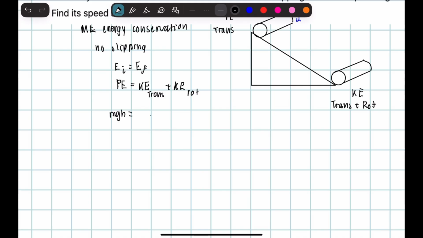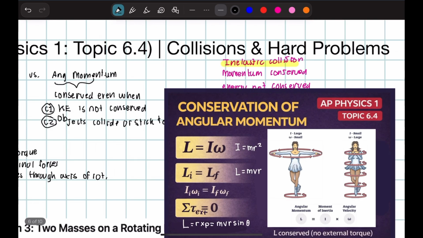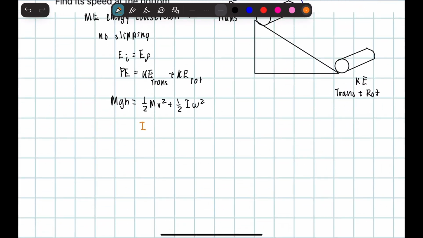Now you can replace this with the formulas. Potential energy is mgh, and kinetic energy is 1/2 mv squared plus 1/2 I omega squared. Now we want to substitute in the moment of inertia, which is I equal to 1/2 mr squared.